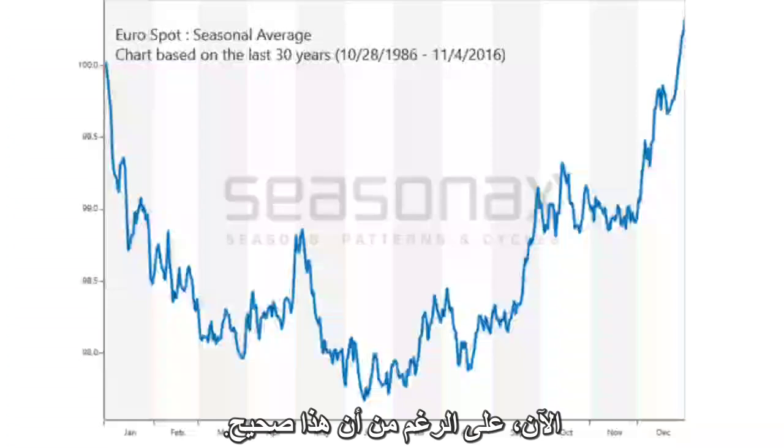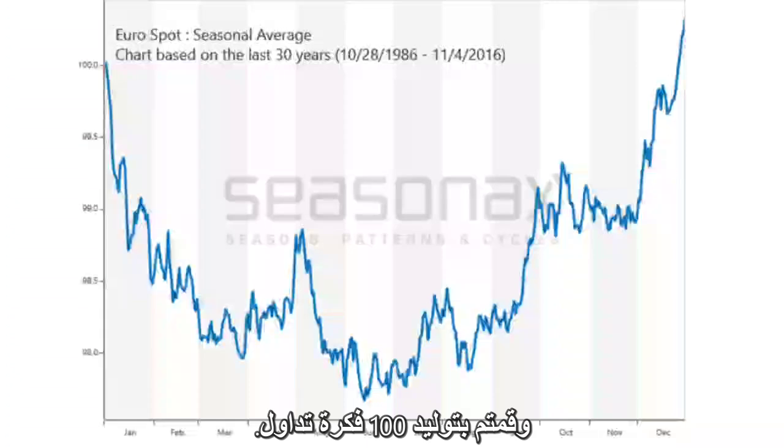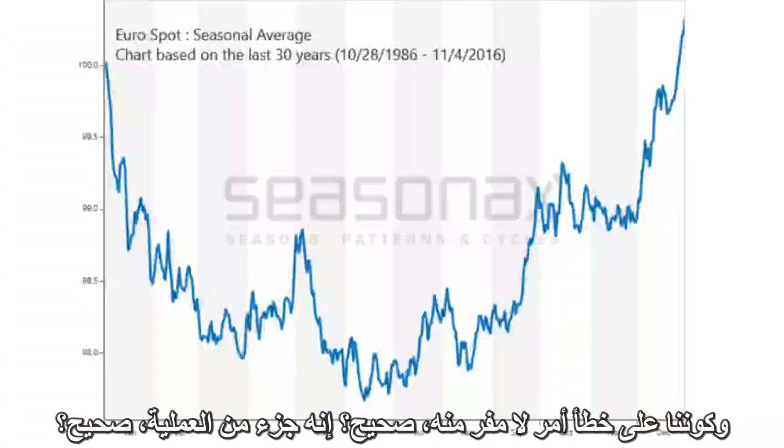Now even though that stays true, we know that it won't work all the time, right? For example, if you generate 100 trade ideas and do 100 analyses, then not all of them will work. As a trader, we know that losses and being wrong are inevitable. It's a part of the process.